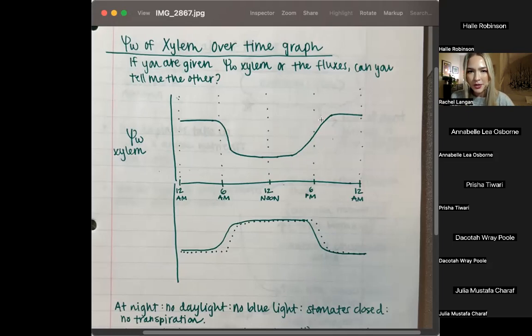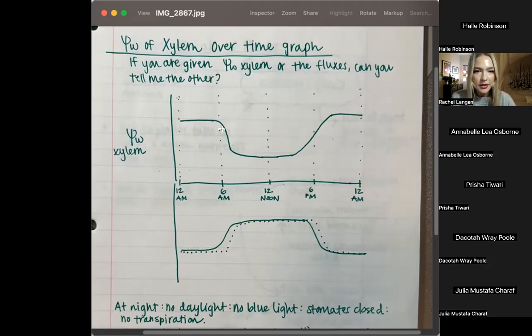And as you see the water potential going up, that tells you transpiration is not winning. There's actually less tension happening, and so the root cell uptake is the one that's winning.